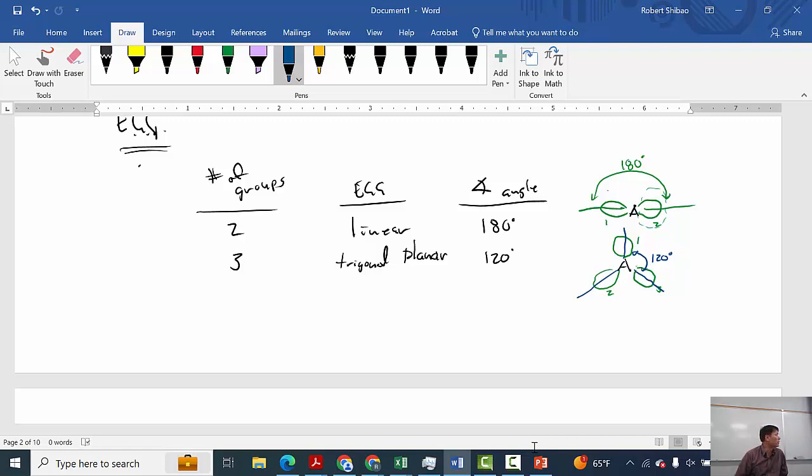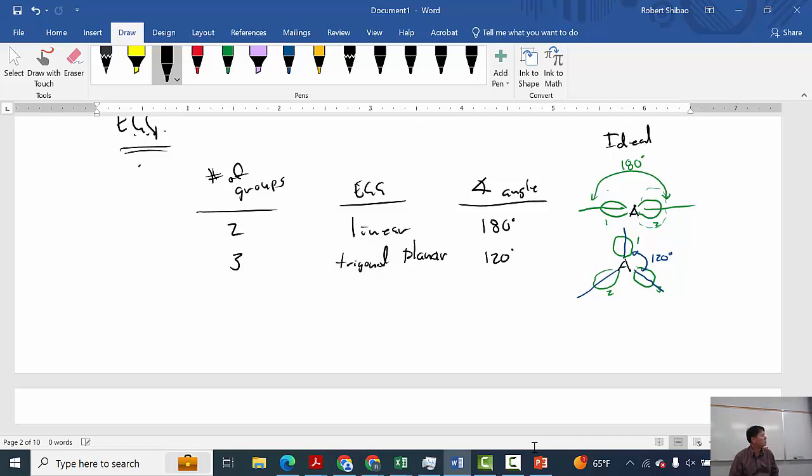So maybe 4 degrees. What was the problem with the repulsion again? If one of the groups is bigger than the other group. So if I made group 3 big here, it pushes in group 1 and 2. Due to greater repulsions, the angle is less than 120. And the angle between 1 and 2 will shrink, and 1 and 3 will grow.